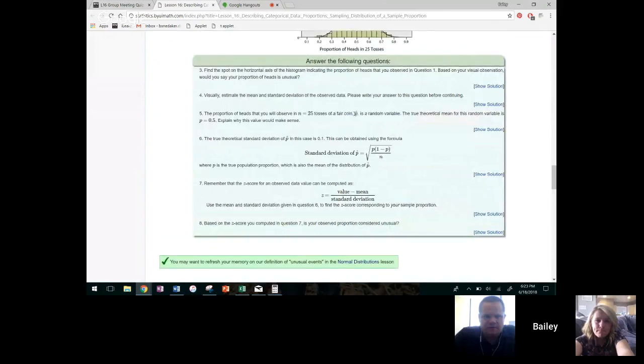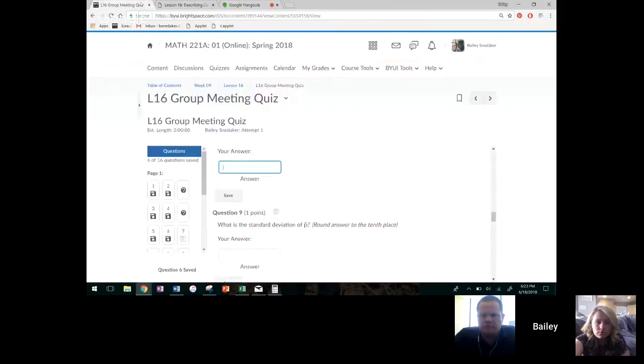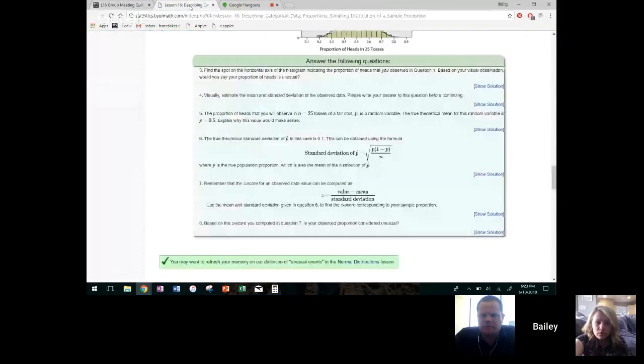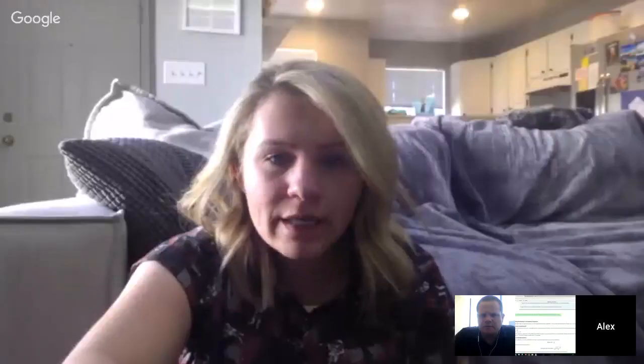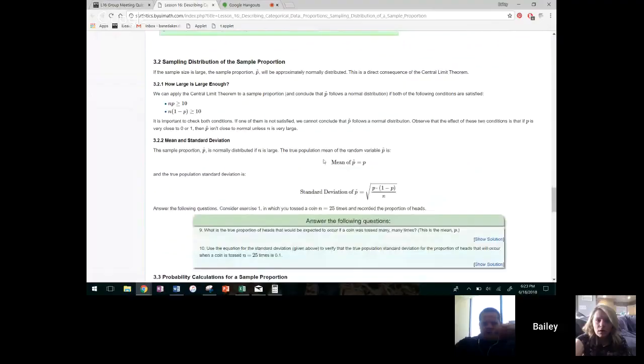So it says here P is a random variable. Have you guys already figured it out? No, I'm trying to see if I can figure out an answer. Where are we getting another value other than the P that they give us, which is 1/4?